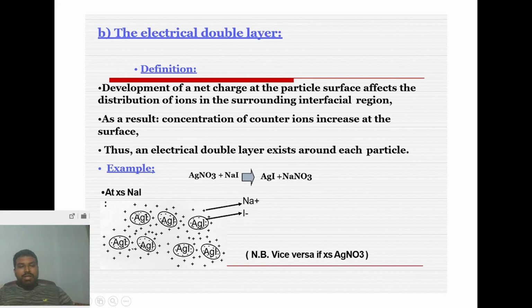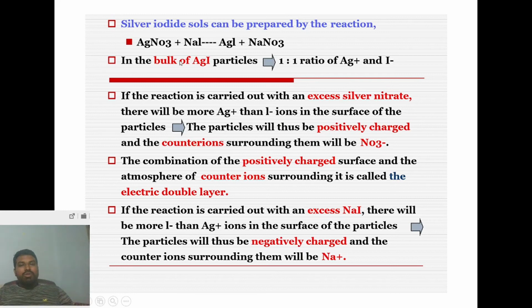Now, these are the AgI molecules, and these are Na plus and I minus. These AgI particles carry a minus charge, then the positive charge will attract the minus charge, which will form a layer, and this is known as the electrical double layer of oppositely charged ions.